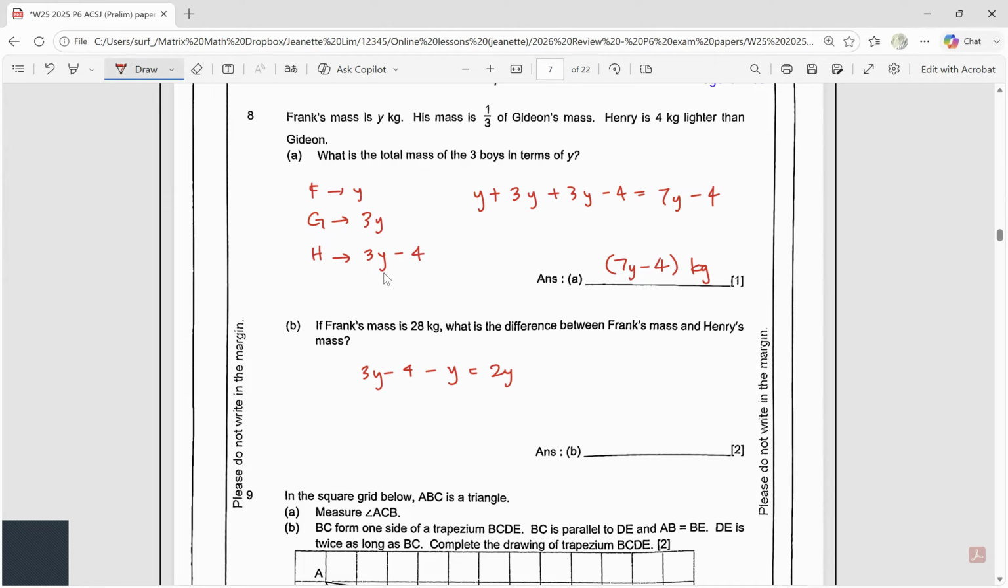That will give us 2Y minus 4. So if Frank's mass is Y, so Y is 28. So 2Y minus 4 is 2 times 28 minus 4. Okay, so this will give us 52. So answer 52 kg.